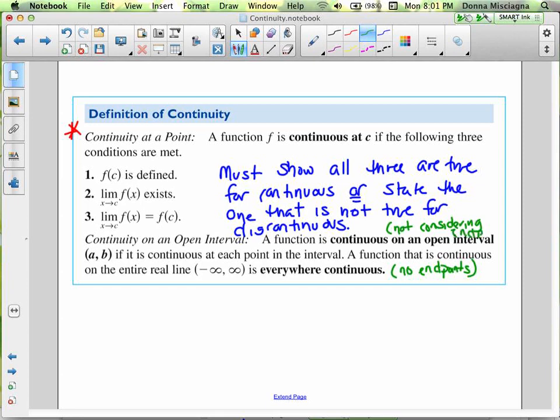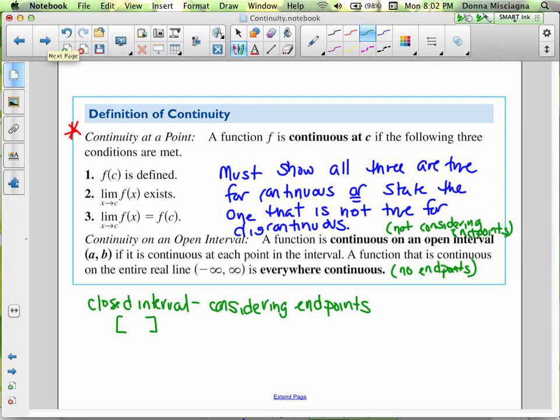That's why it's an open interval. I'm thinking ahead to the one underneath it. So if you say an open interval, you're not considering the endpoints. If you say closed interval, that means you're considering the endpoints too. If you're not considering the endpoints, you wouldn't use brackets, you'd use parentheses. So this would be brackets, and this one over here would be parentheses.